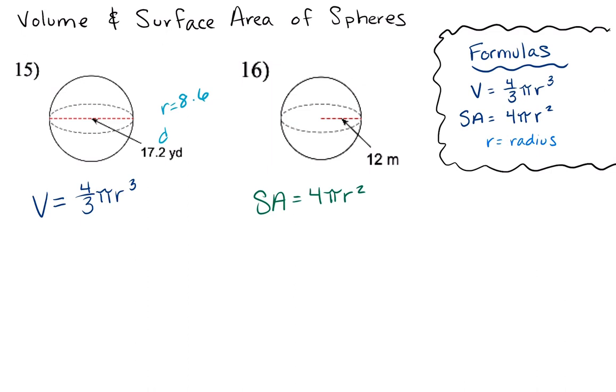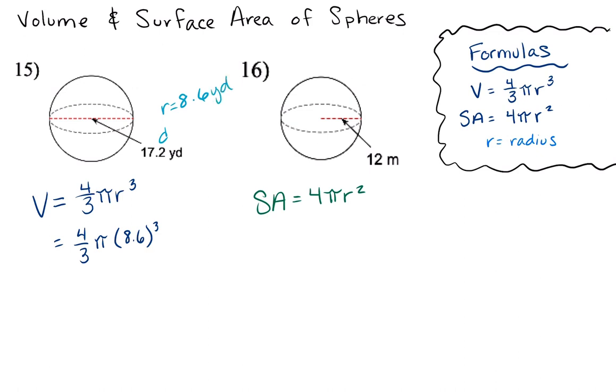Okay, so now we can go down to our formula here, and we can start replacing. We get 4/3 times pi times 8.6 cubed. Go ahead and put the unit on this radius.